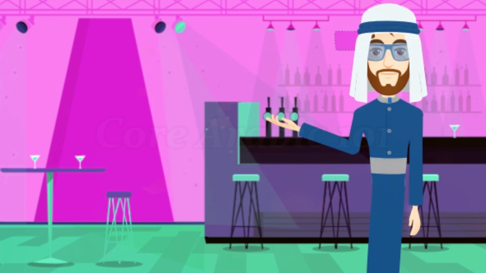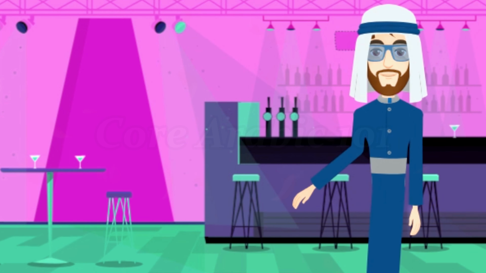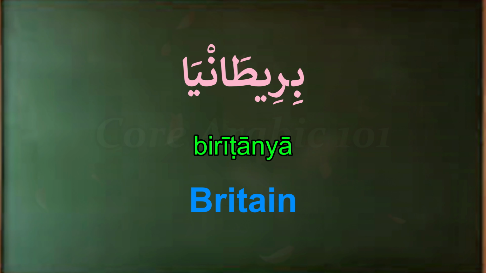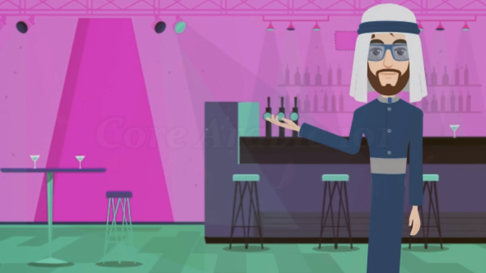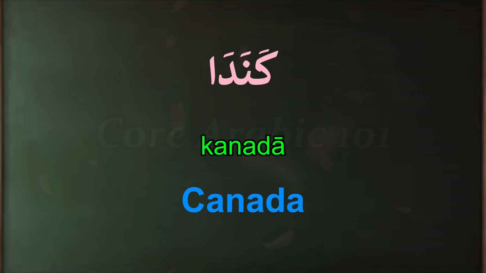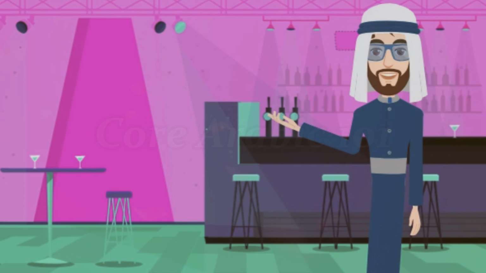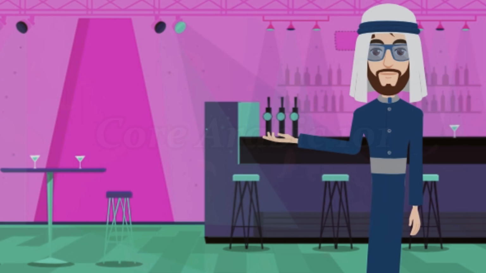Let's give our viewers two more popular countries. The United Kingdom, or Britain, is Britannia. بريطانيا. And Canada is Canada. Now let's add your profession to make your introduction sound incredibly professional.